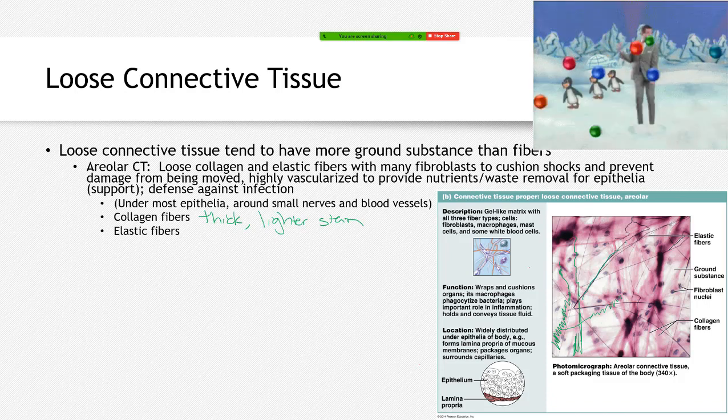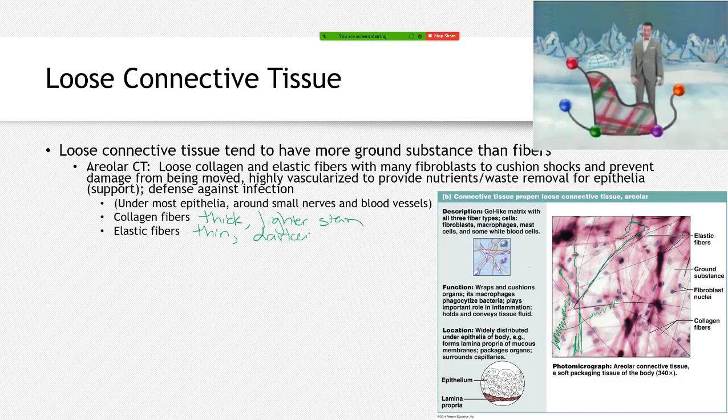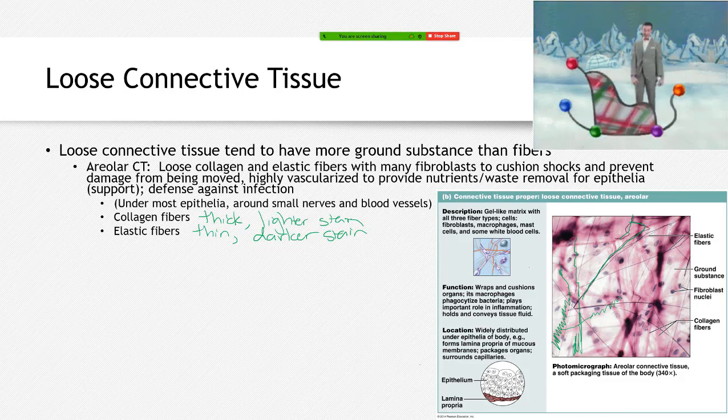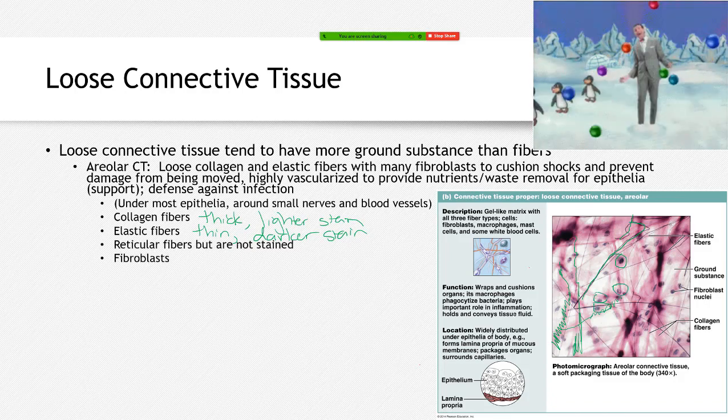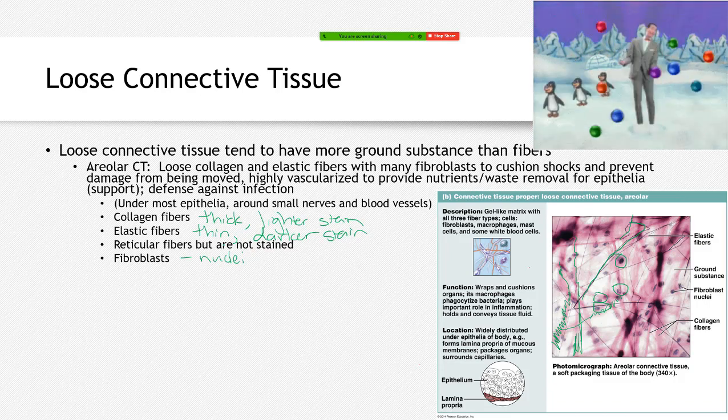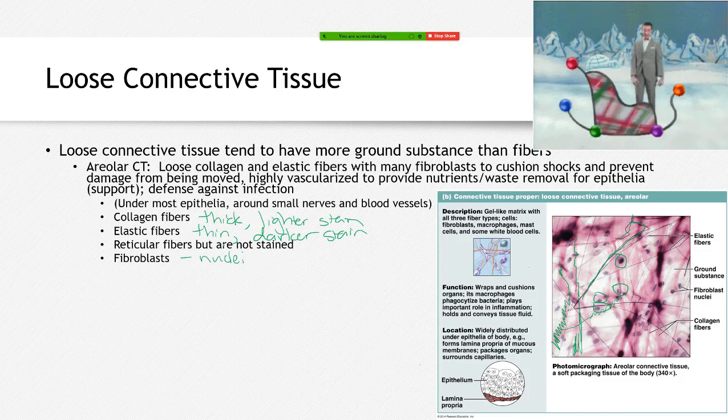They're thin and darker staining. Then you see the nuclei, which are the nuclei of the fibroblasts. There are reticular fibers, however, they don't stain well in this particular stain, so you don't see them, although they are there.